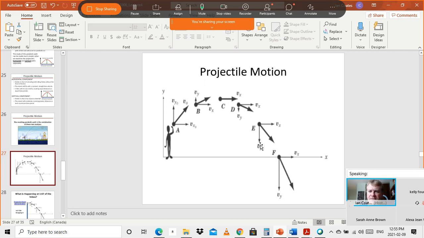Let's look at the vertical component though. So I'm throwing the football up, lots of gusto there. And now it's fighting gravity. And then eventually, hey, wait a second. There isn't any force acting on this up. Where's my acceleration? What's going on?